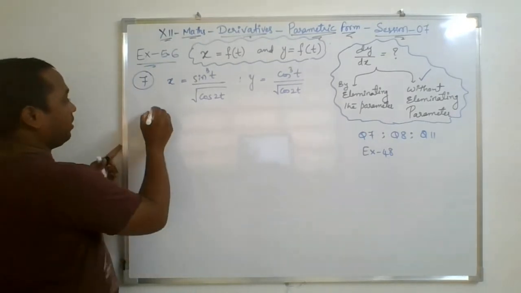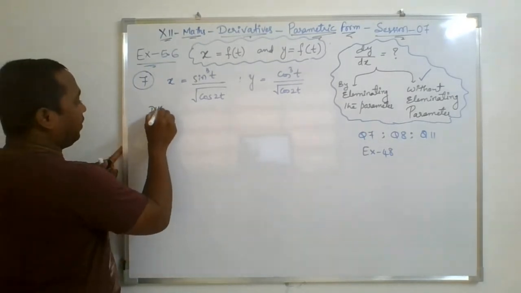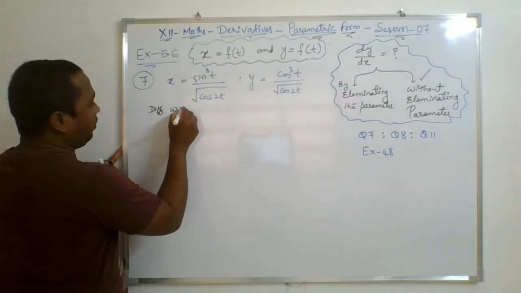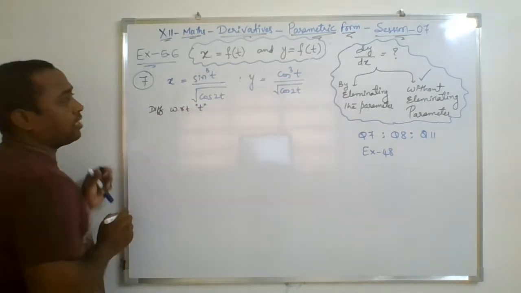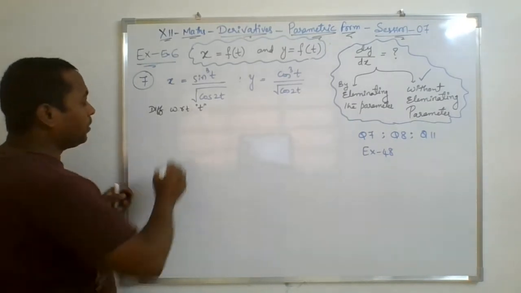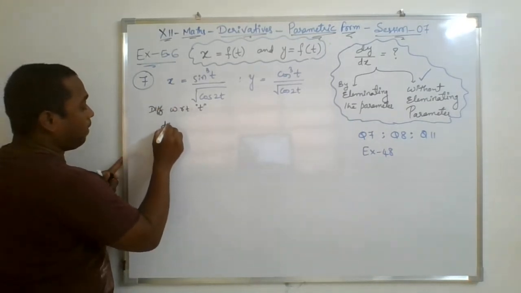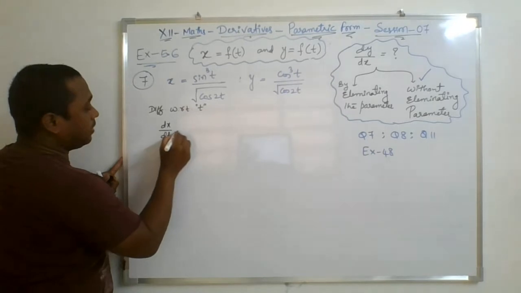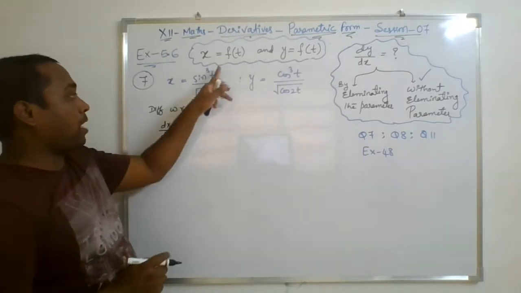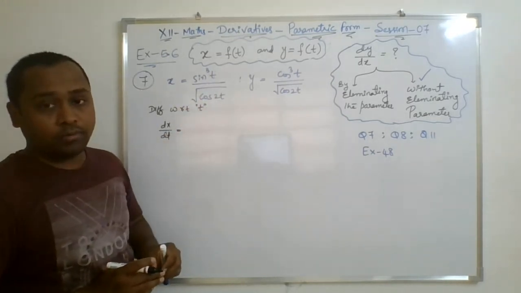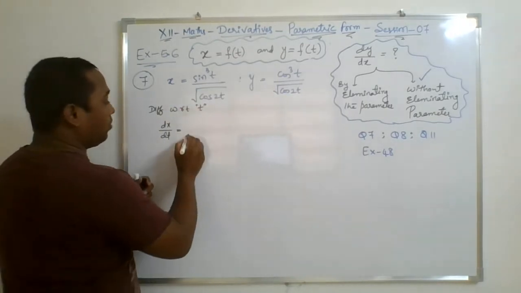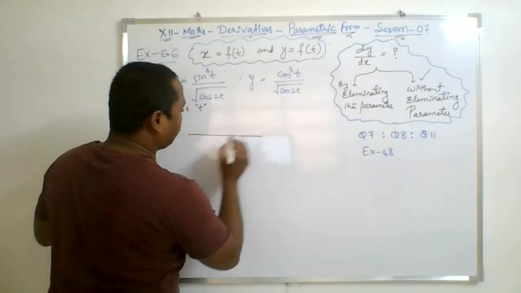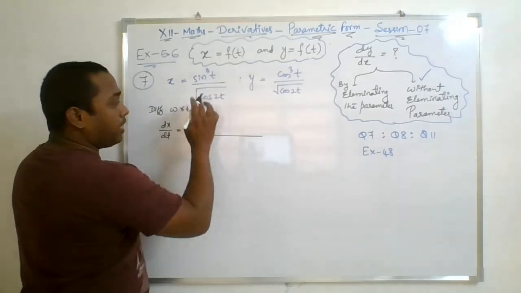So I am differentiating with respect to t because t is a parameter. Now, hence, I can say dx by dt. Simply apply the u by v rule, that is called the quotient rule.